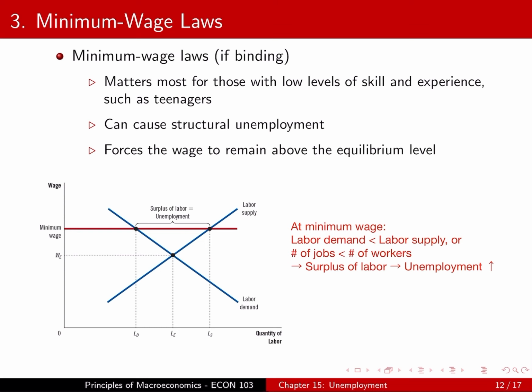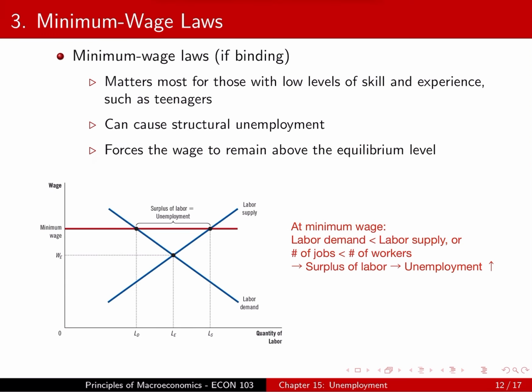The least skilled and least experienced workers, such as teenagers, are the most affected by this policy, as they often struggle to find jobs that match their skills and experience. Additionally, some workers might be unemployed because they are waiting for better job opportunities to become available, rather than taking the first job they find.